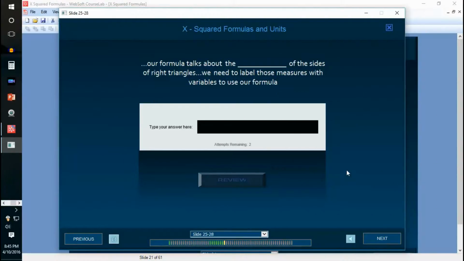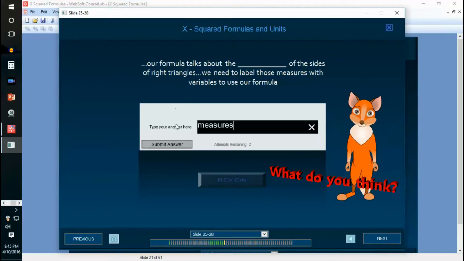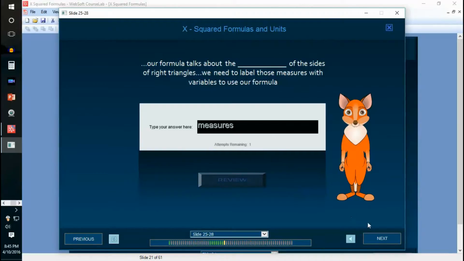Our formula talks about the measures of the sides of right triangles. We need to label those measures with variables in order to use our formula.